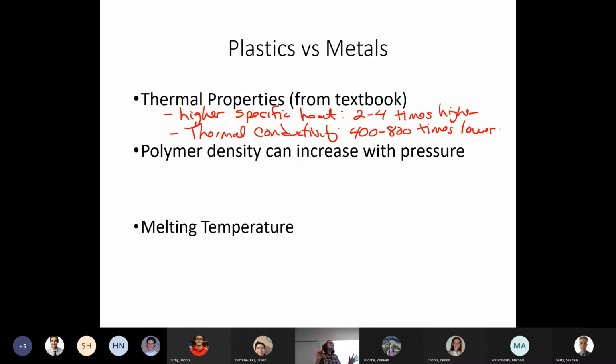So again, we sometimes think, oh, plastics are low temperature. Yes, they are, but from a thermal point of view, the thermal conductivity is not good. So for a thick plastic to cool takes longer because you don't have as much mold wall.